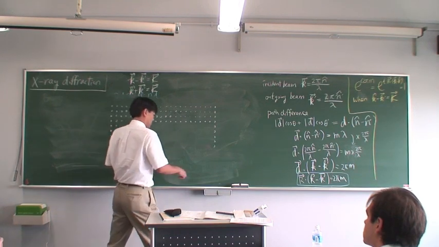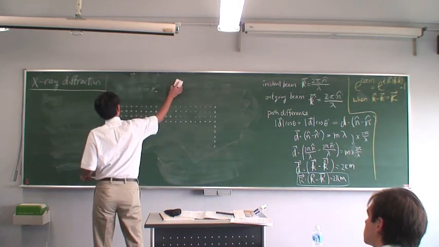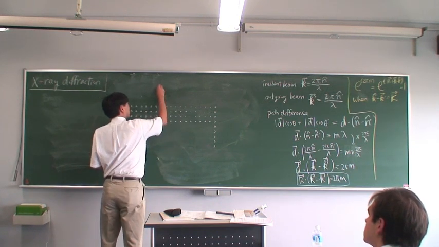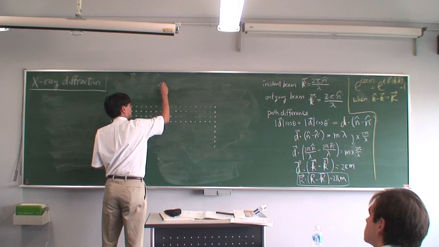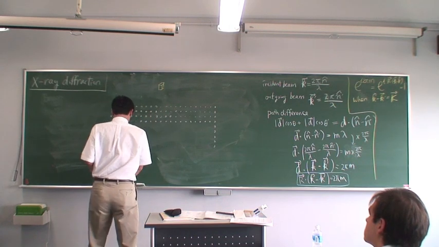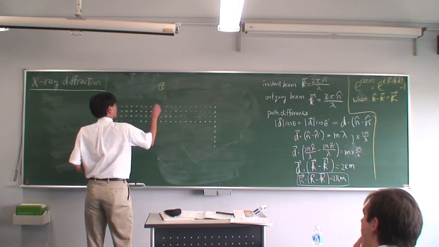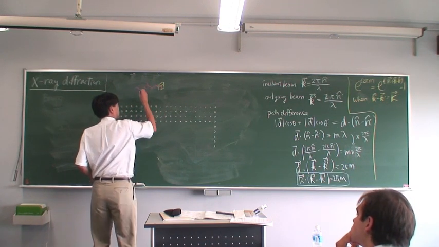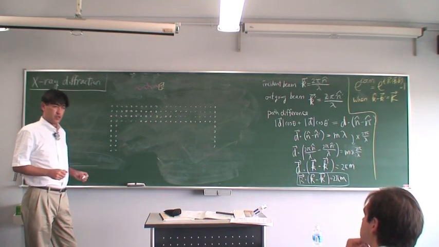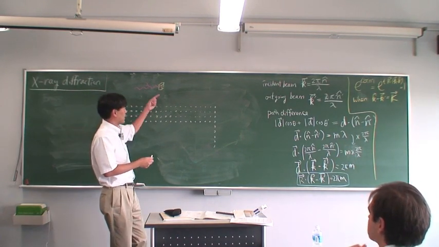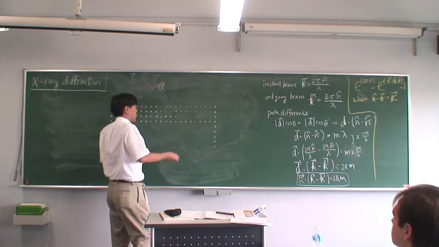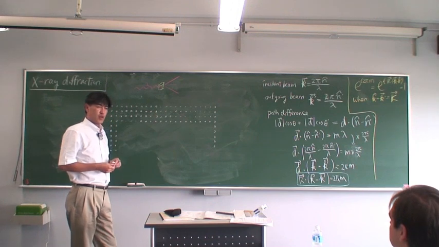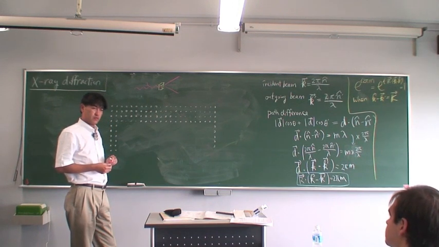Now, I perform an experiment where I have a crystal, and I send X-rays of wavelength lambda into the single crystal. I want to know in which direction the scattered wave's intensity becomes strong.